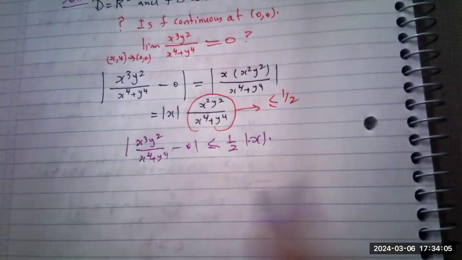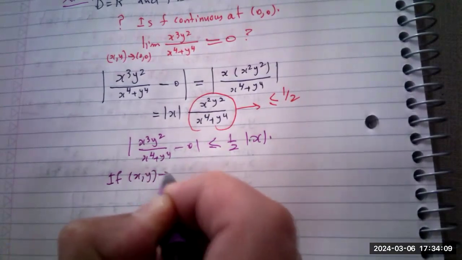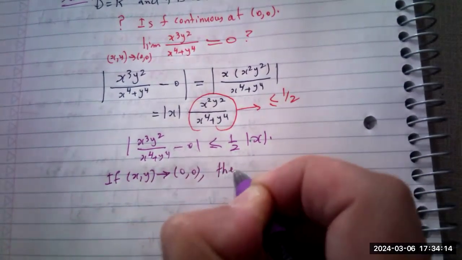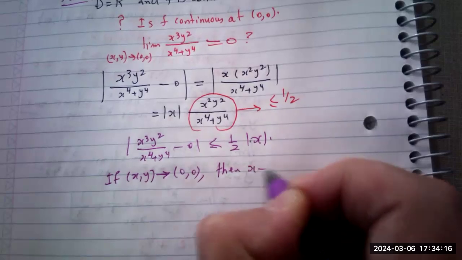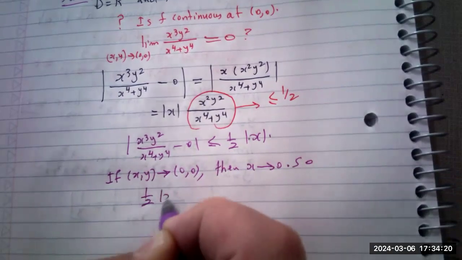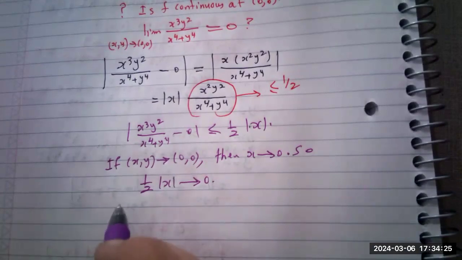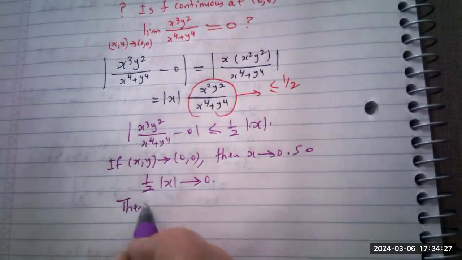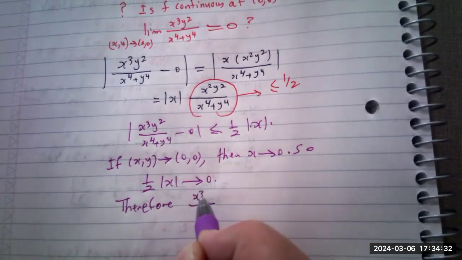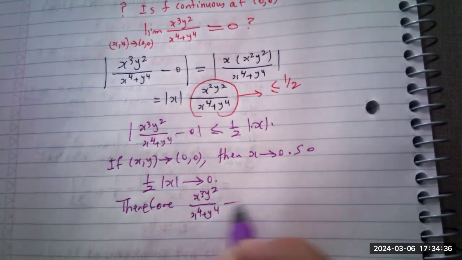Now we can say that if x comma y goes to 0, 0, then x goes to 0, so 1/2 of the absolute value of x goes to 0, and by the squeeze theorem, the quotient x cubed y squared over x to the 4th plus y to the 4th would also go to 0.